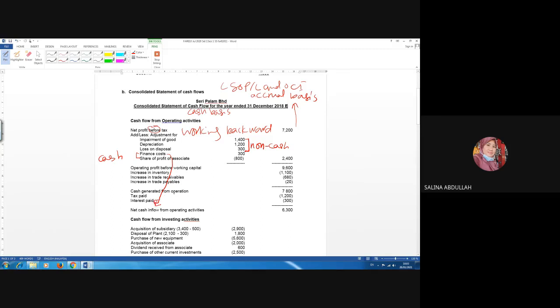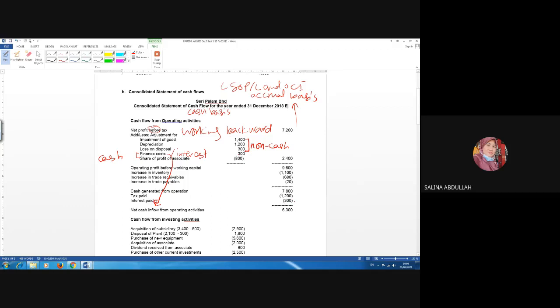Finance cost or interest expenses will be interest that will be paid by the company. So interest paid and finance cost are related with each other. In this question it is quite straightforward for this part because finance cost is 300,000.